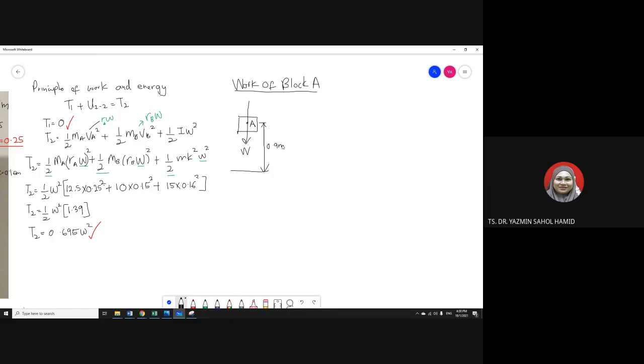So the work of block A is simple. U1 to 2 will be equal to the force of block A multiplied by SB. Very easy. So the work of block A is the same as mg.